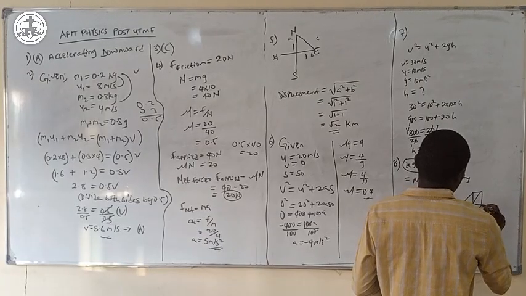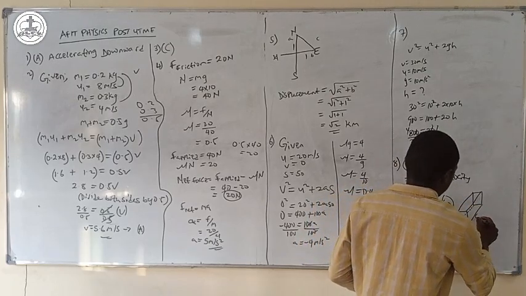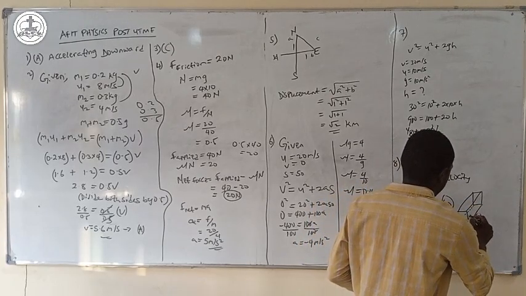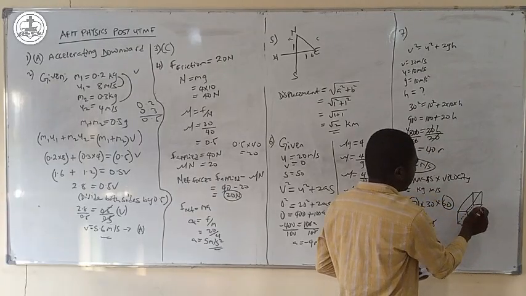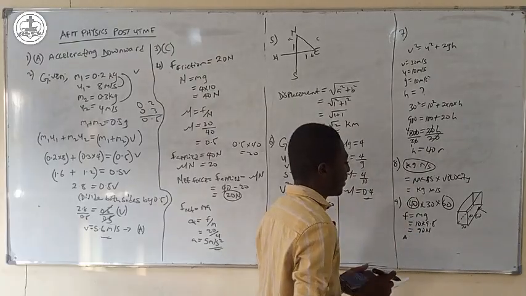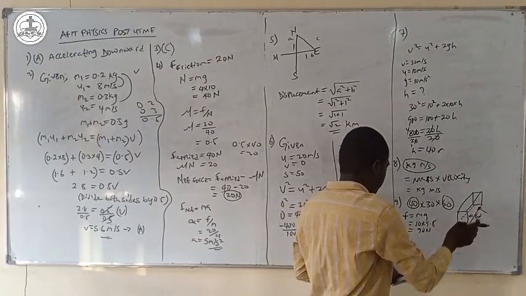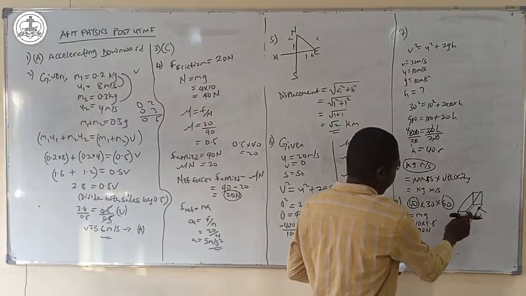This was the 60, this is the 40, and this is the 30. So it lies on this place. This is where the minimum pressure acts, minimum pressure here. So we are now finding the area like this, 60 and 40.